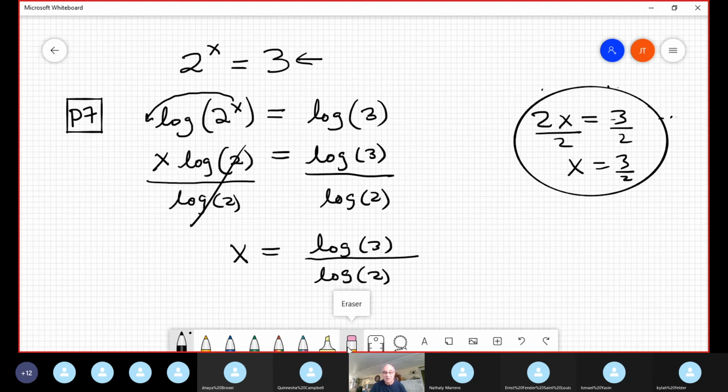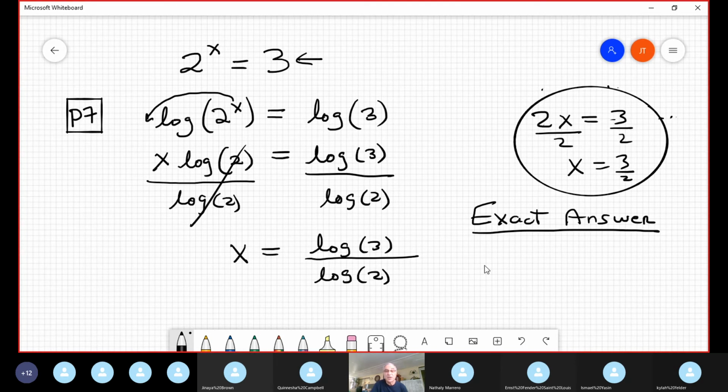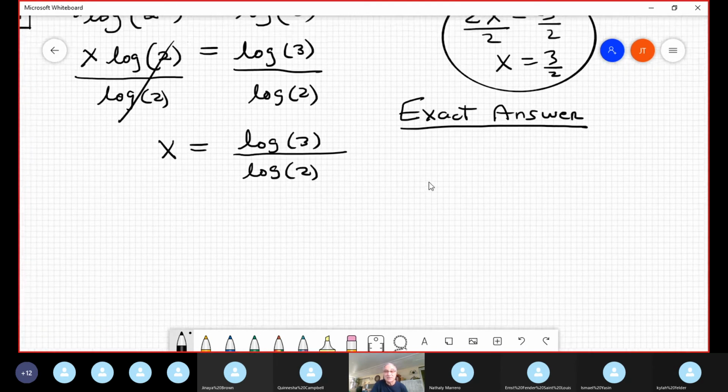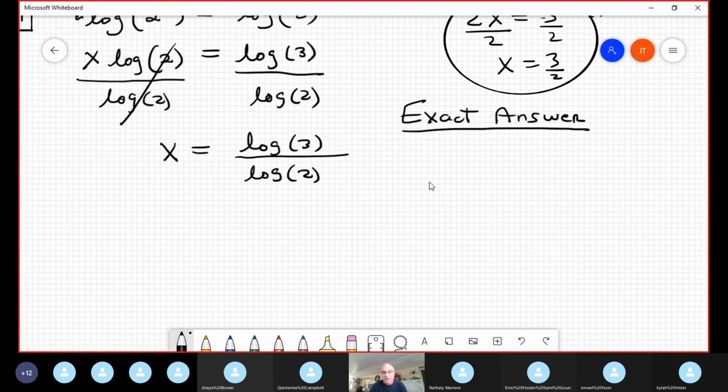And this is the answer. This is the exact answer. And with this answer, nobody understands anything, because it's ugly. However, we can do the non-exact one, because in real life we don't care about the exact answer. I need the approximate answer.